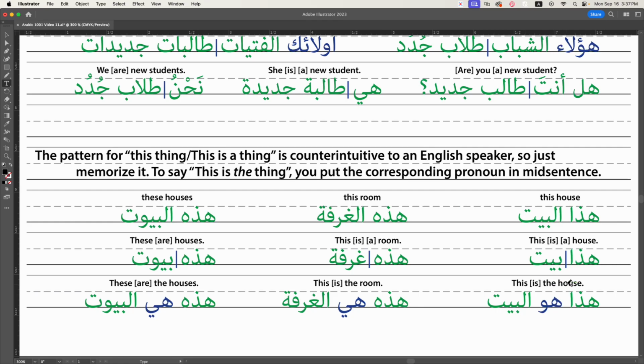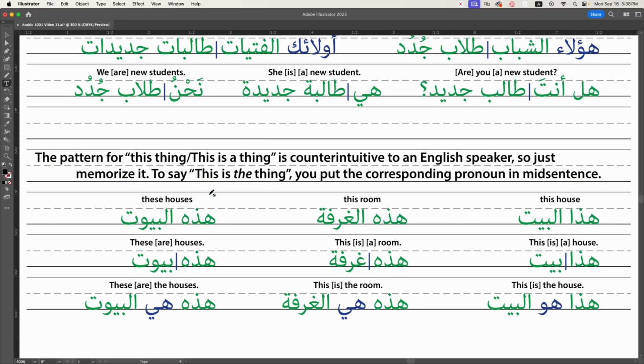So I'll put the translation here so that you can see it. I would highly, highly urge you to just go and memorize this pattern because it's counterintuitive to you as an English speaker, and you're better off just learning it this way. Usually I don't advocate for rote memorization, but this is definitely one thing where it's so counterintuitive that it's worth doing.